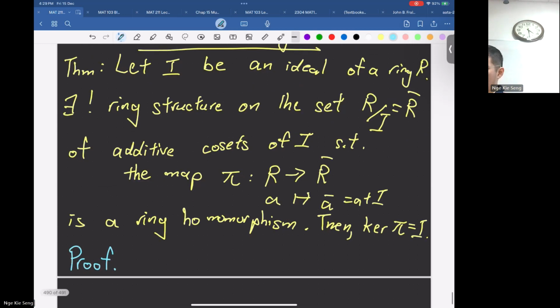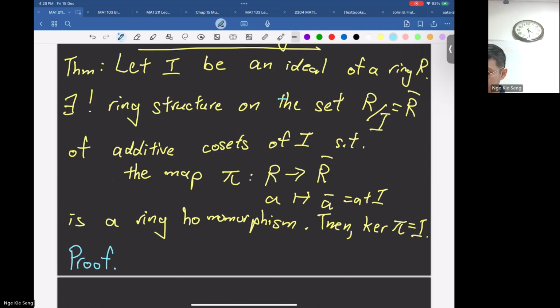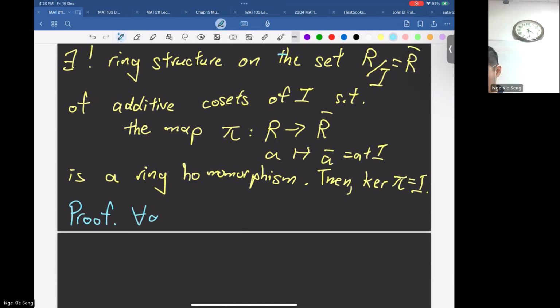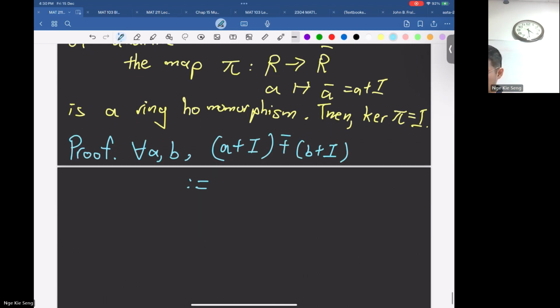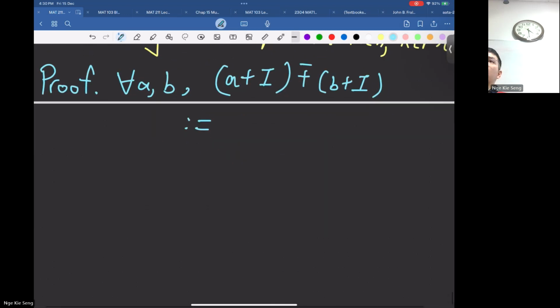So how do you add two cosets together? How do I define this addition here? Any idea? In the quotient of a group, how do you add, multiply, compose? Yes, the representatives add up.